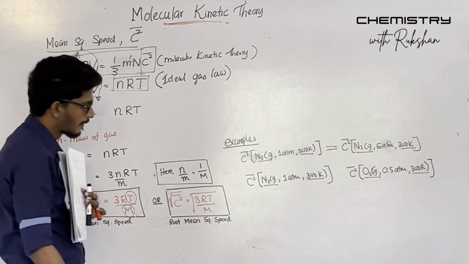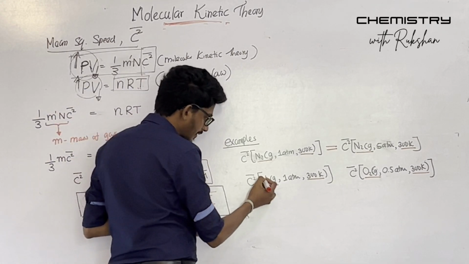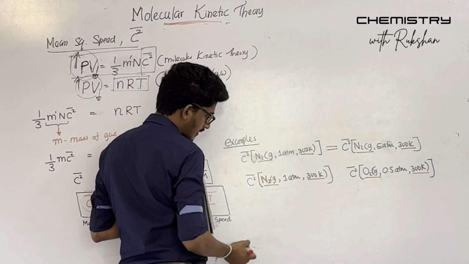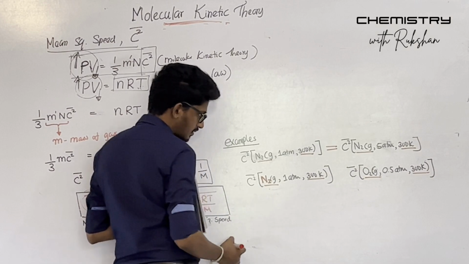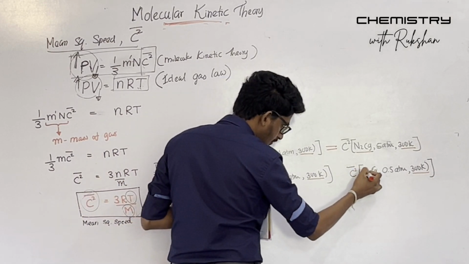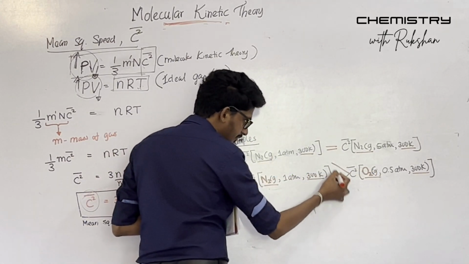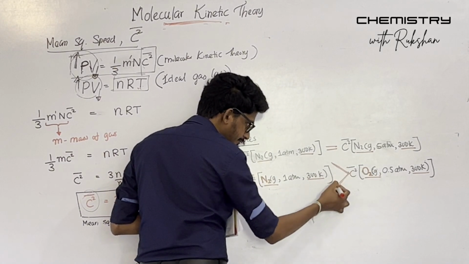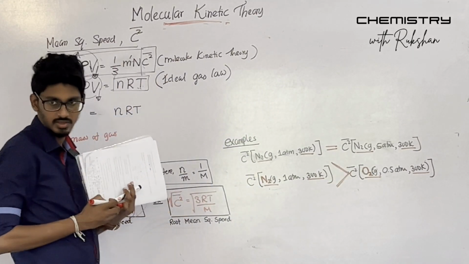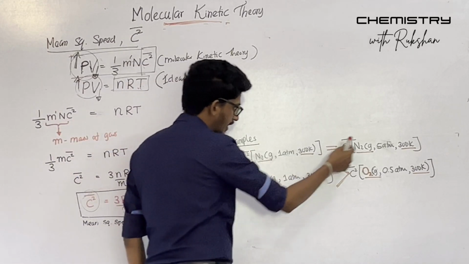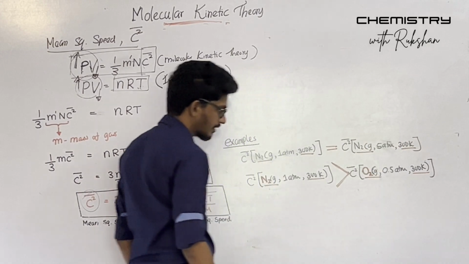N2 carries some 28 value, O2 carries some 32 value. Smaller the m, greater the C squared bar. So you can highlight the stuff which I have underlined in red color.